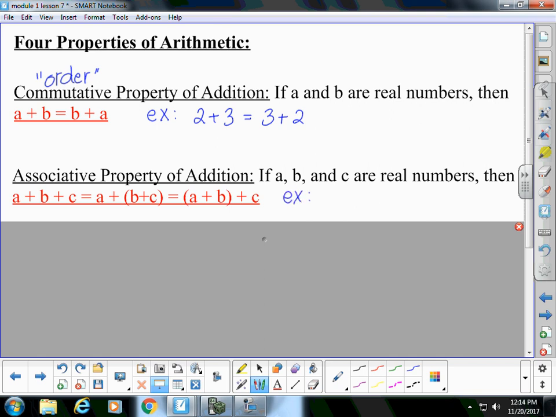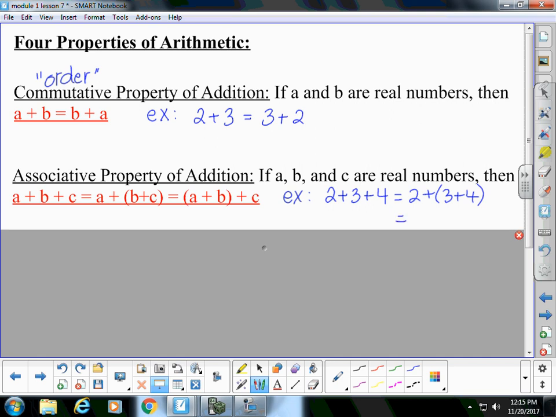So for example, if I have 2 plus 3 plus 4, that result would be 9. It wouldn't matter if I added up the 3 and the 4 first. That would say 7 plus 2 is 9.